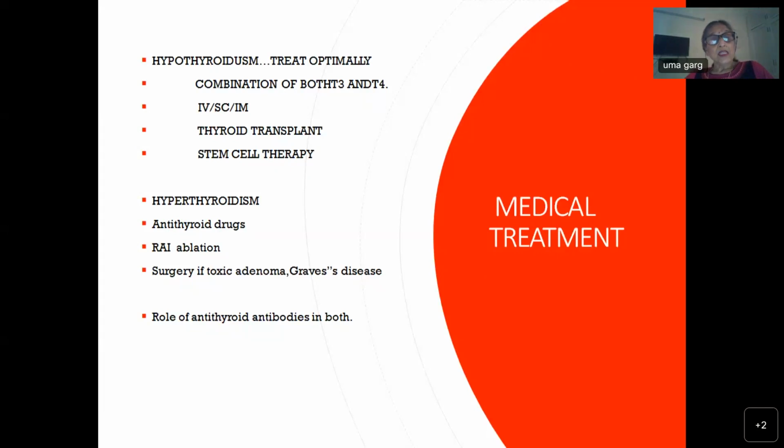Surgery is done in these cases if there's a toxic adenoma, which we can know from a radioactive iodine scan, or uncontrolled Graves' disease, in which after optimizing the thyroid levels, we can do surgery. There is a role of antithyroid antibodies in both hypothyroidism as well as hyperthyroidism.